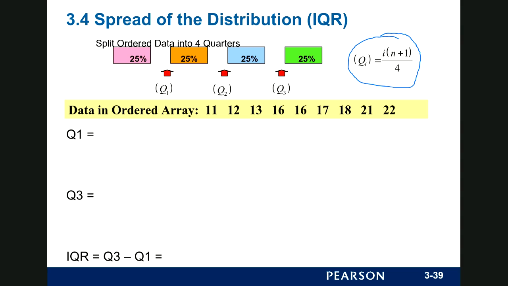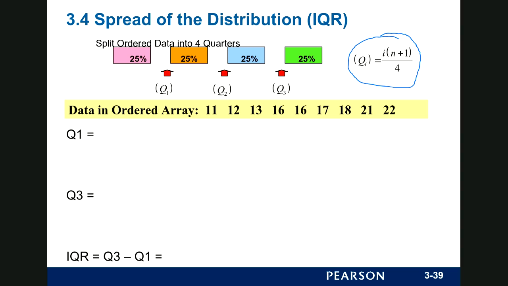Okay, so let's start with Q1. Now for Q1, I have to look at my quartile formula, which says i times (n plus 1) divided by 4. Now i is 1 in this case. What is n? Tyler?